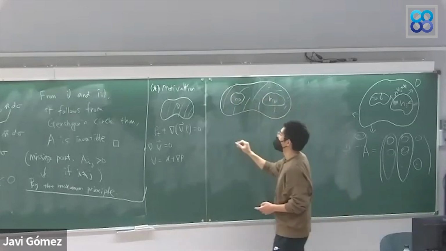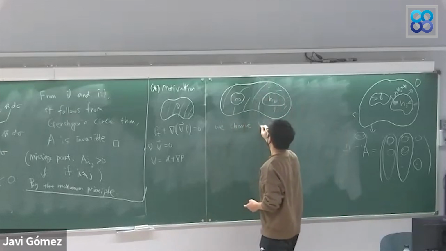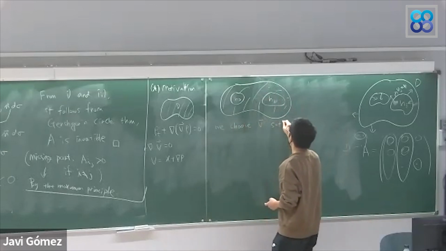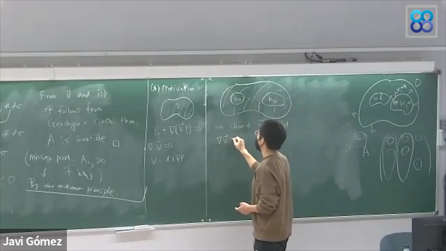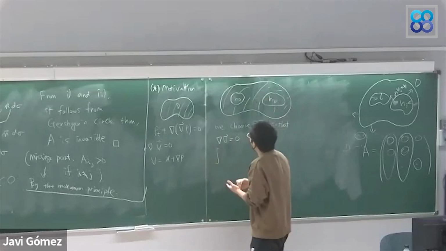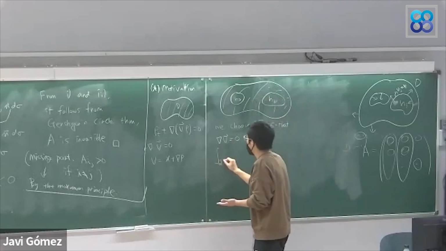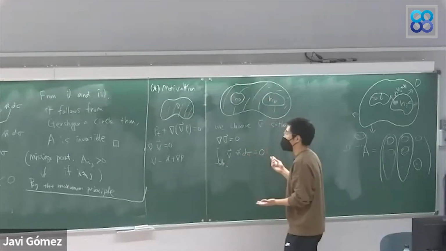That means that we choose V so that its divergence is free, and when you look at the flux on each boundary, that is 0.